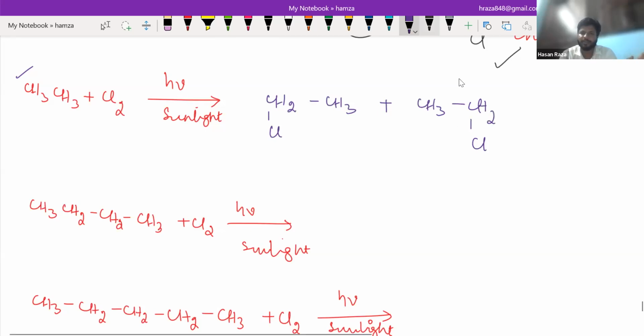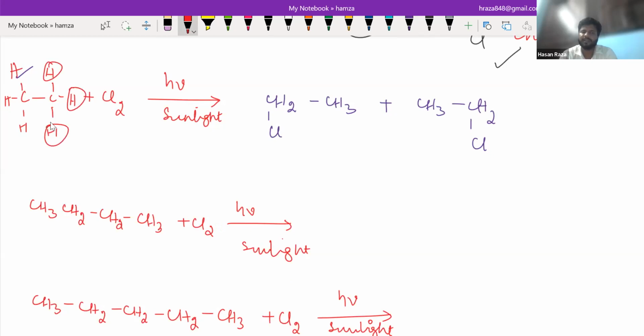You can replace basically any hydrogen on a singly bonded carbon. So just see, hydrogen, hydrogen, and hydrogen. You can replace any one of these. That will mean the same.